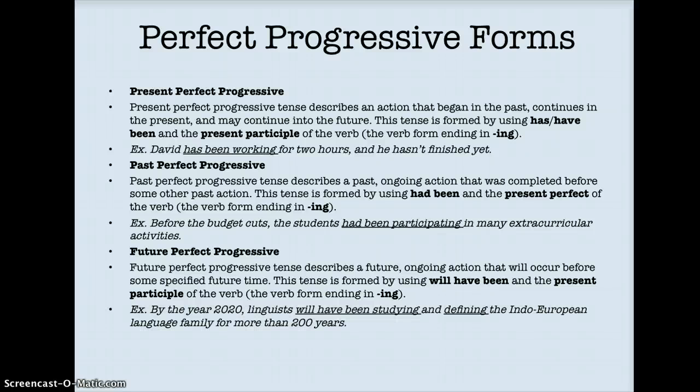Our example is: by the year 2020, already in the future, linguists will have been studying and defining the Indo-European language family for more than 200 years. So everything that they just stated in this sentence is going to occur and will be occurring in the future. So by the year 2020, in the future, will have been studying and defining, both occurring and continuing on into the future.